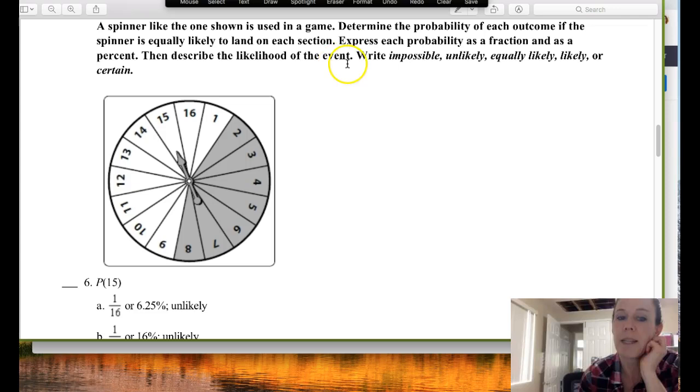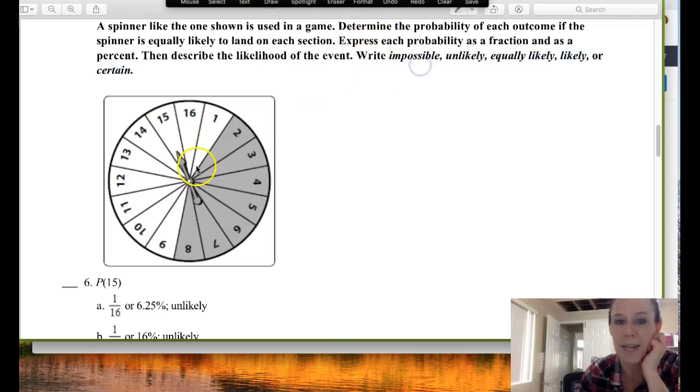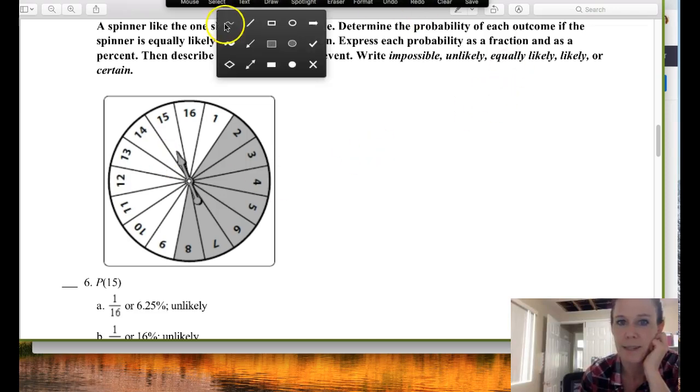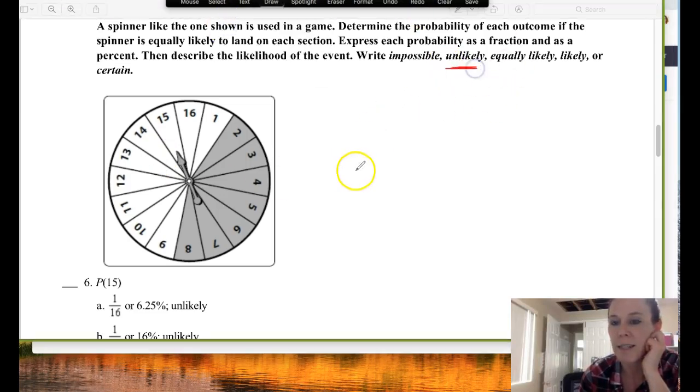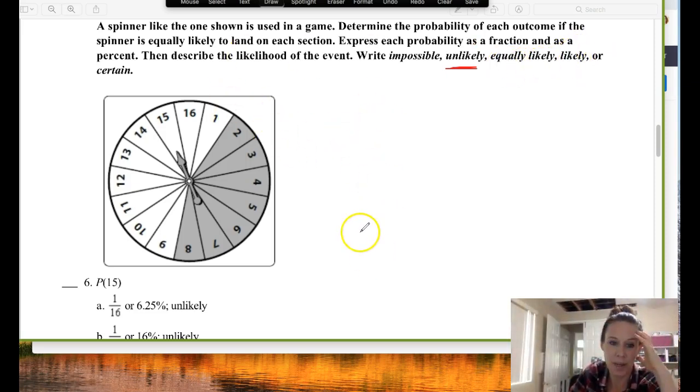Then describe the likelihood of each event. So it's either impossible, I mean I can't even get it. It's unlikely, and unlikely would be like less than 50%, right? Equally likely would be right at 50%, and likely or certain would be a really high percentage, right?